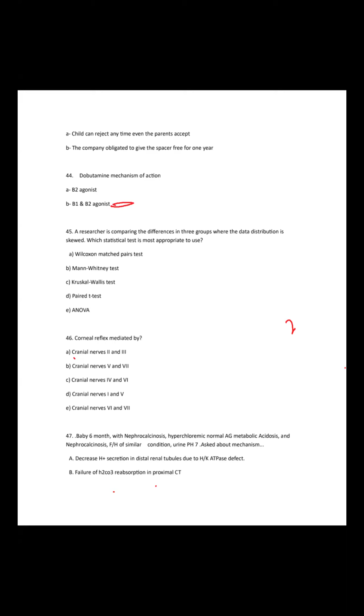Okay, so it's an agonist. Now, a researcher comparing the difference in three groups. So we're talking about three groups where the data distribution is also skewed. It is not normally distributed. Which statistical test is most appropriate to use in that case? So skewed data, and you are checking three groups.